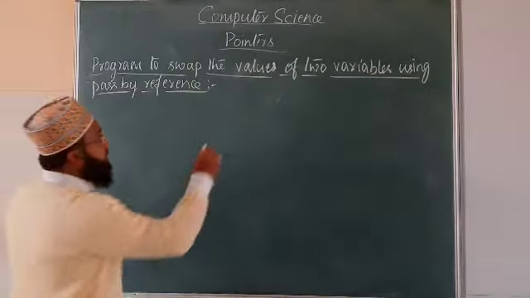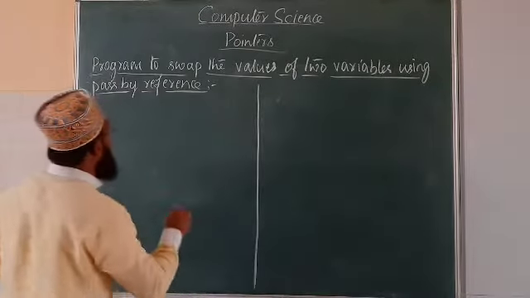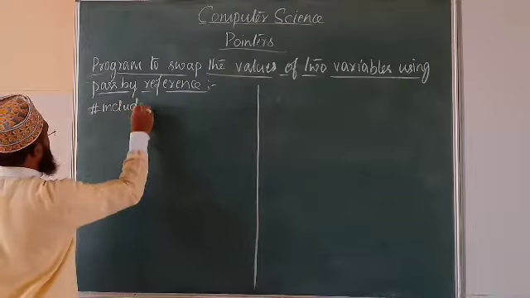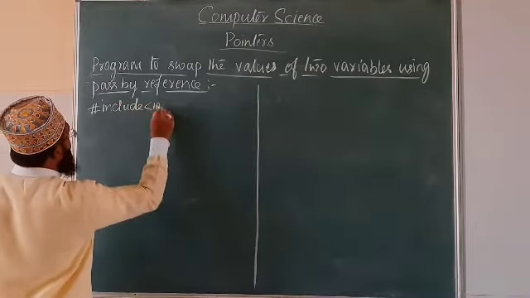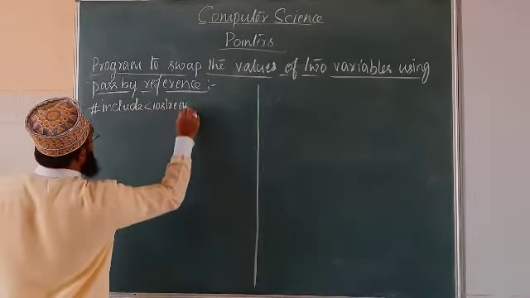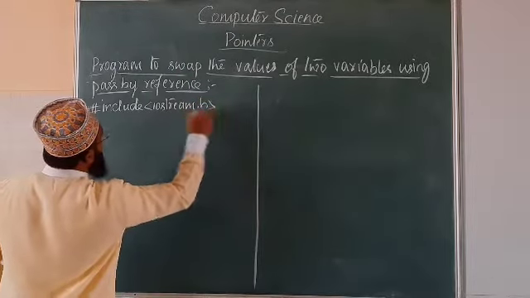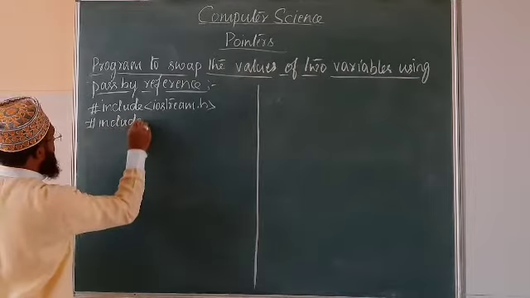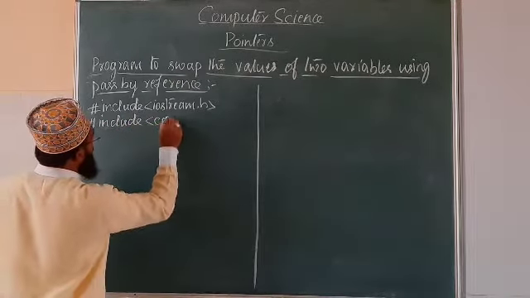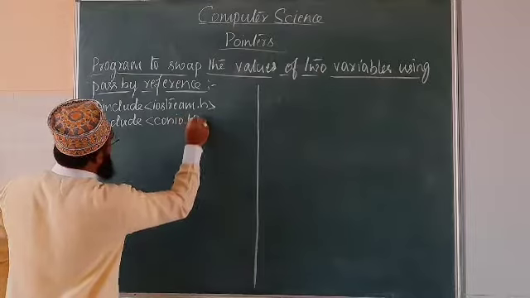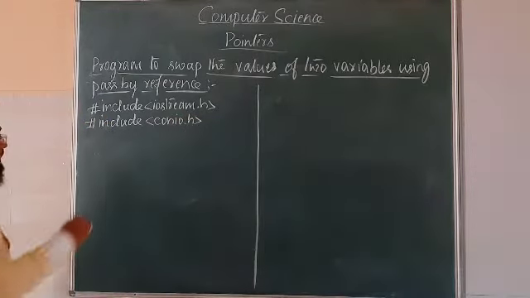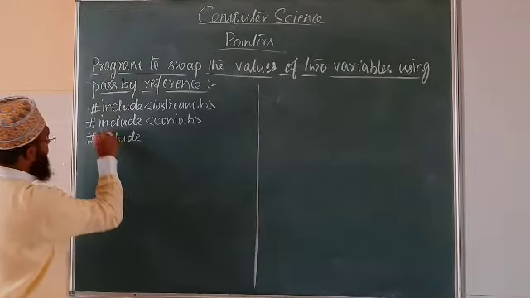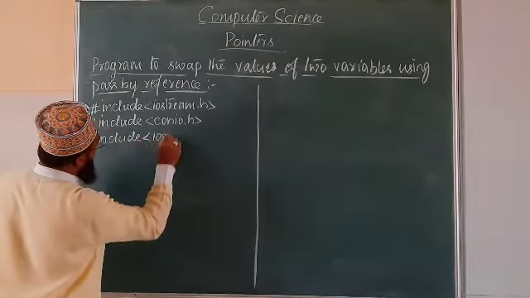As usual, I am writing hash include iostream.h, hash include conio.h. For this program, there are three header files required. Hash include iomanip.h.